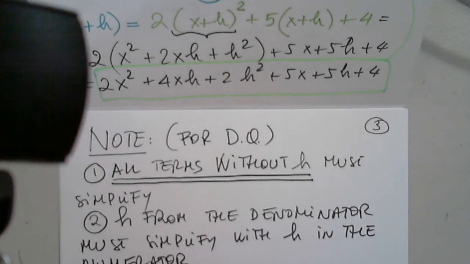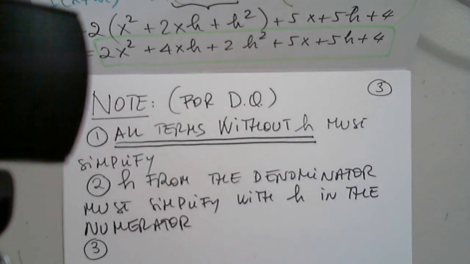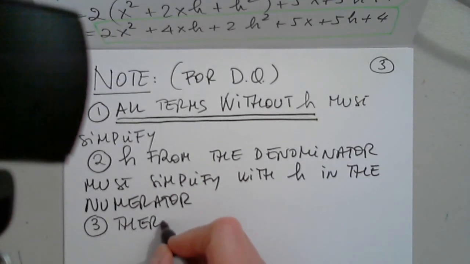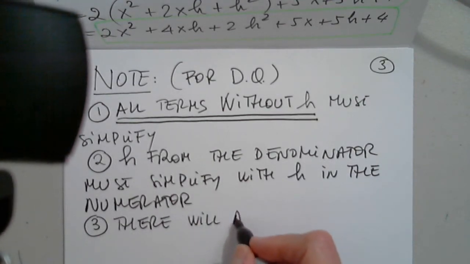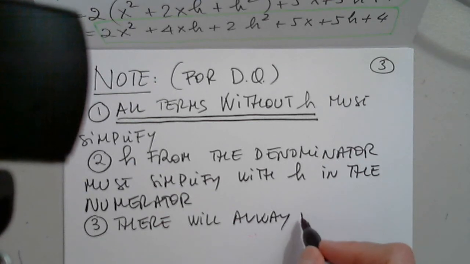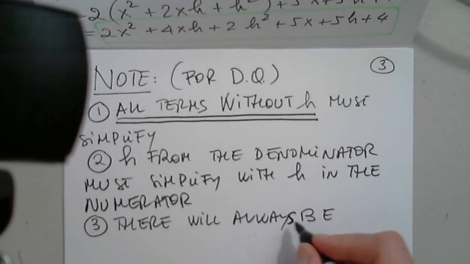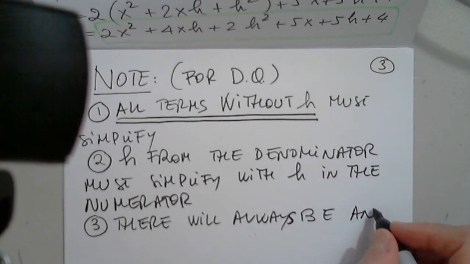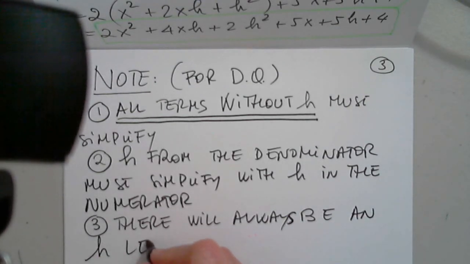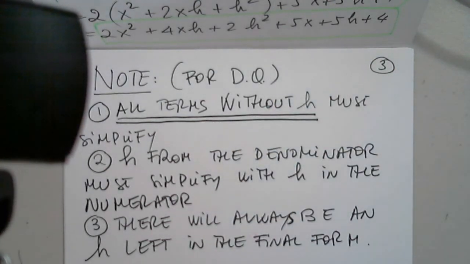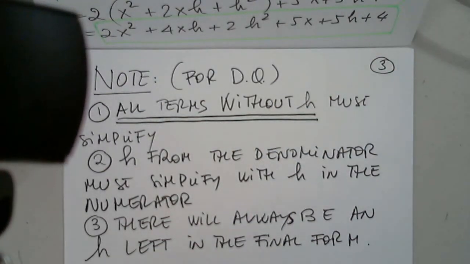Three, there will always be an h left in the final form of the difference quotient. What's all this?